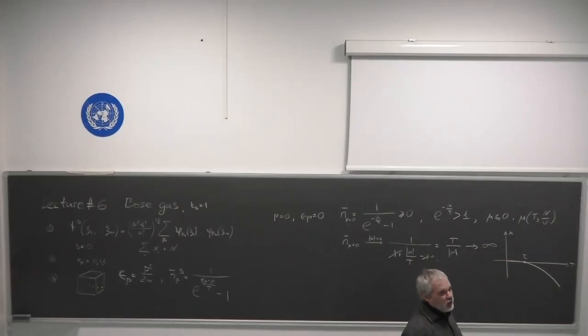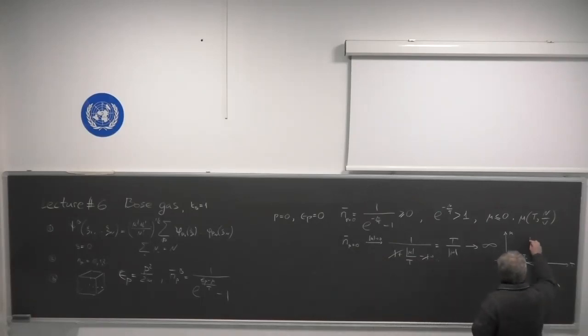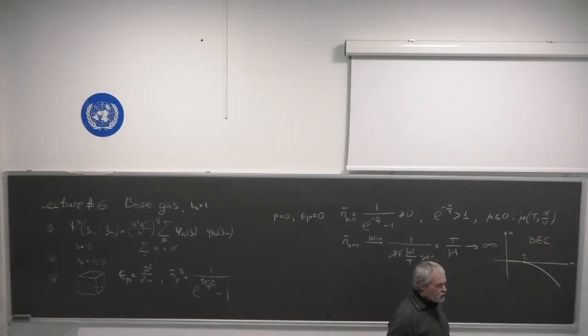This phenomenon, when the average number of particles occupying the quantum state characterized by 0 momentum becomes macroscopically large, we are dealing with something like 10 to the power 23 atoms, is known as Bose-Einstein condensation. So there is a macroscopic number of particles occupying the state characterized by 0 momentum.